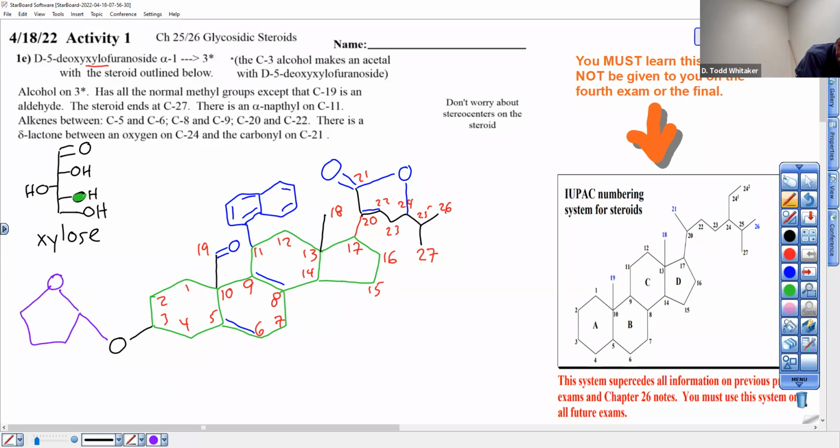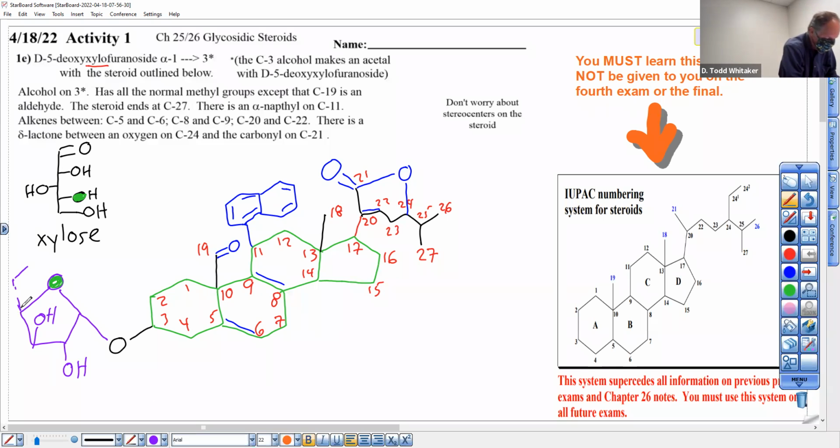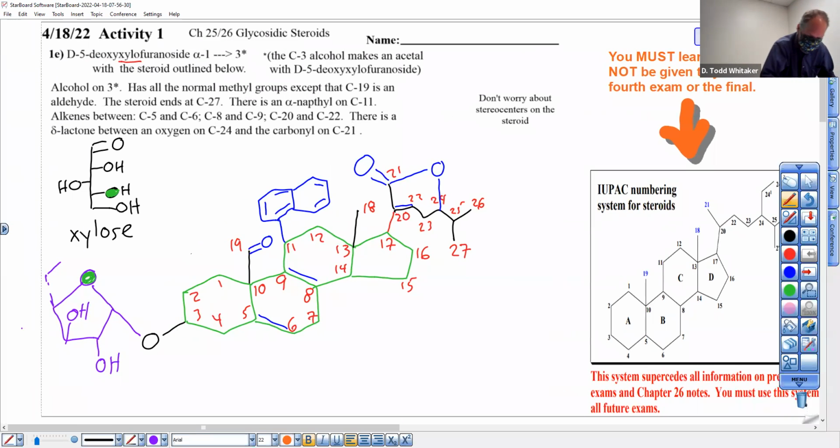And that's going to go to here. And we're talking about down right for carbon number 2, up left for 3. Carbon 4 used to be down right, and it swiveled up. I'll put the green dot on it. Swiveled up there, and that also swiveled the CH2OH to the up position, which is why this is alpha.